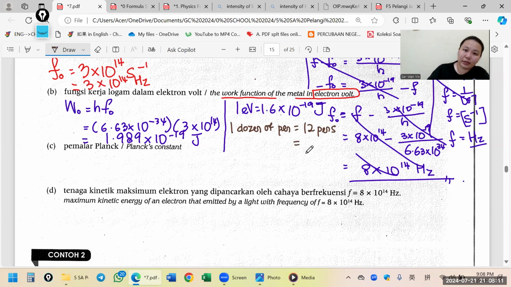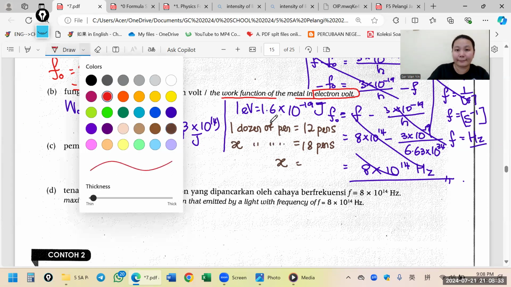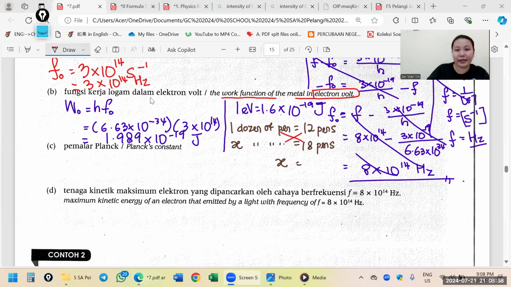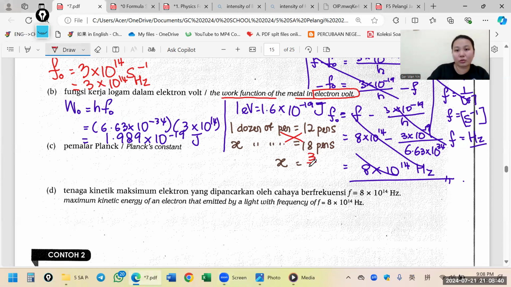So if you have 18 pens, about how many dozens of pens? You got X dozens of pens. Can you tell me what is X? Yeah, 1.5, or 3 over 2.